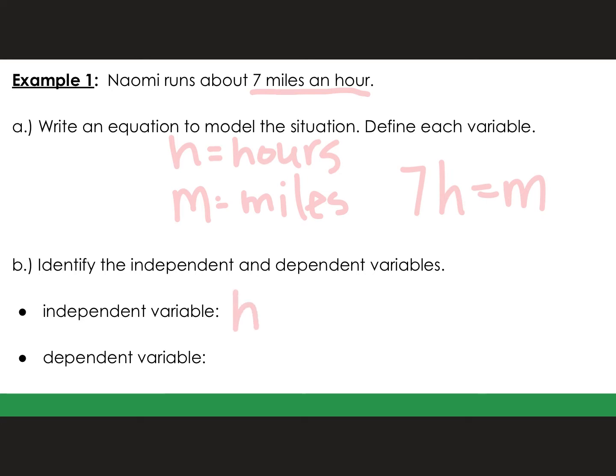So here, our independent variable is hours. The dependent variable absolutely depends on the hours that passed. So depending on how many hours pass depends on how many miles she runs.